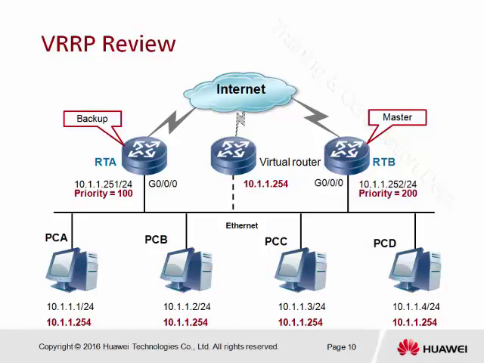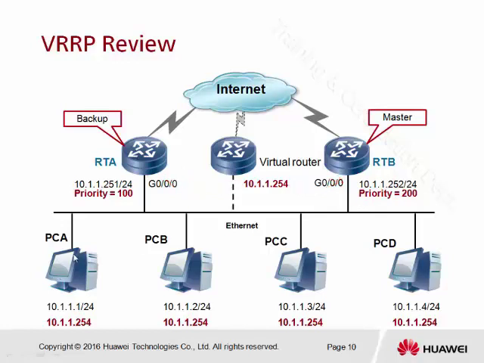This is just a virtual router, and it doesn't exist in the network. It's just a virtual device. So we're going to use this virtual IP address, 10.1.1.254. Later on, we're going to assign this IP address to both router A and router B.